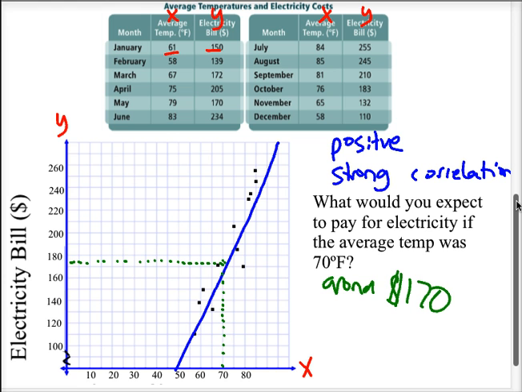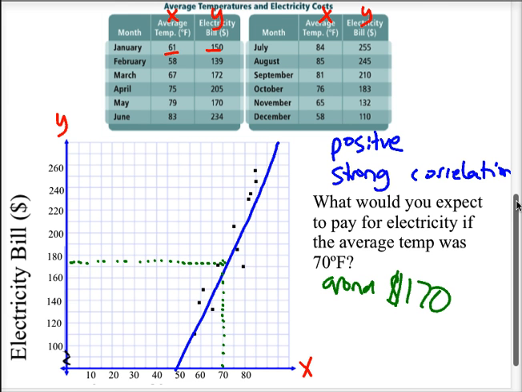All right, so that's all you have to do graphically is just kind of eye out that trend line to see about what is that relationship. And then if you're making a prediction for 70, go to that 70, go up to see where the line is at that 70.